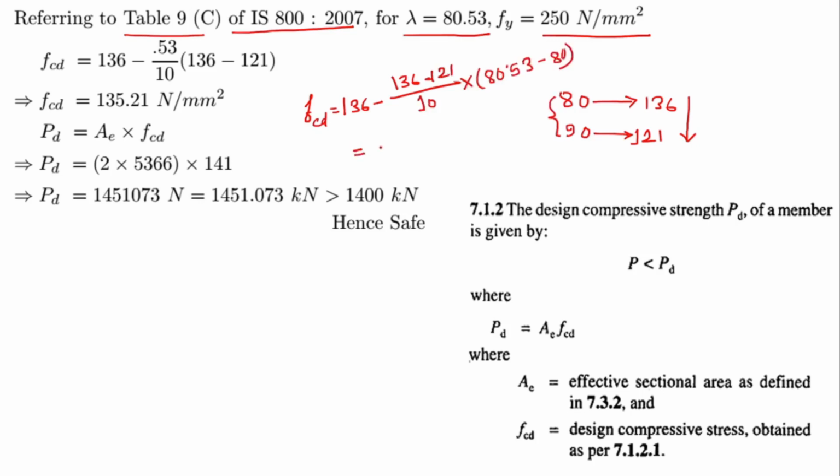So fcd is calculated as 135.21 Newton per mm square for slenderness ratio 80.53.